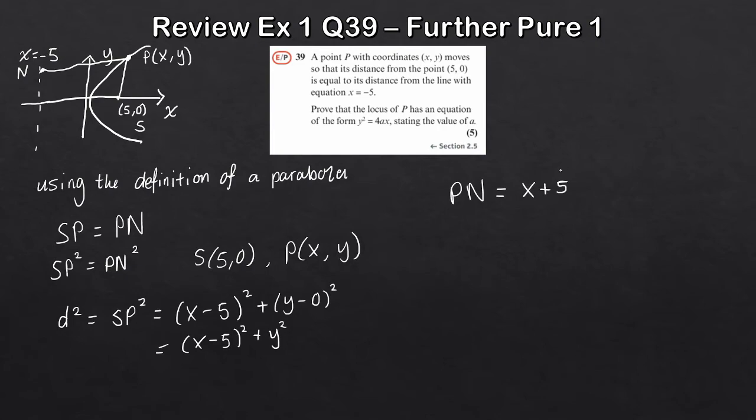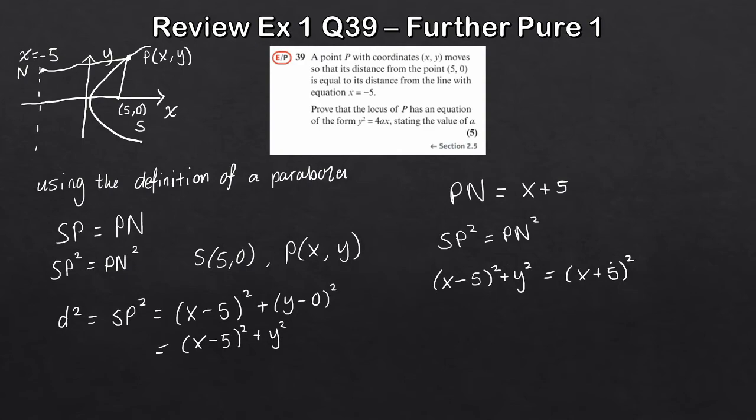Okay. Well, we want SP squared is equal to PN squared. PN is x plus 5, and we know what SP squared is, that's this here. So, equating these now, x minus 5 squared plus y squared is equal to x plus 5 all squared.